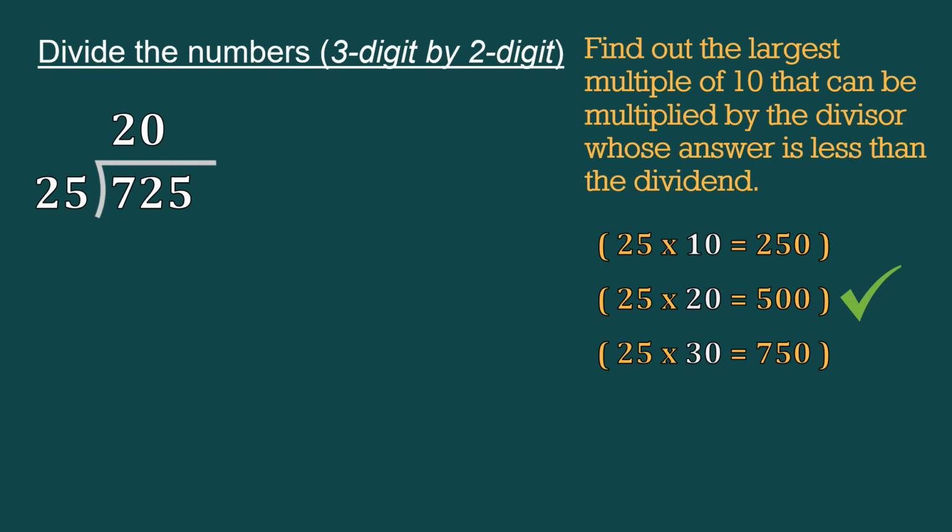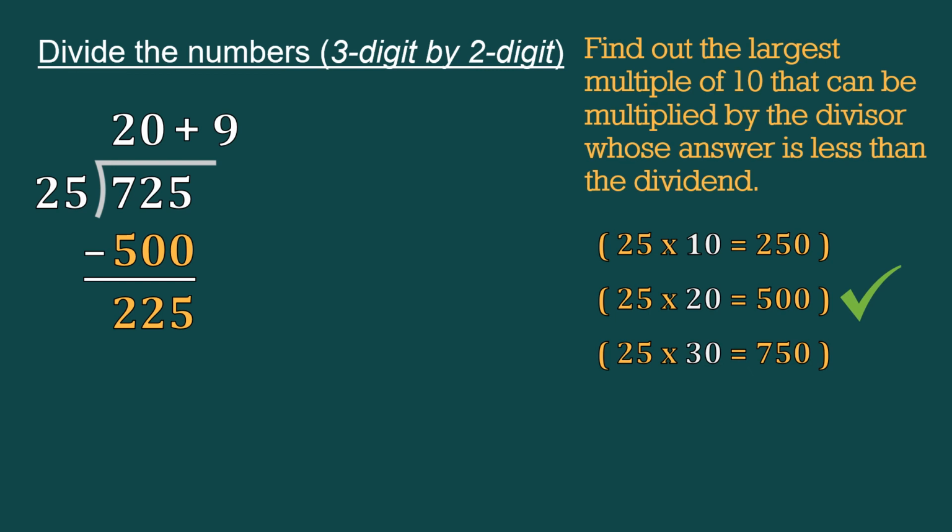We subtract 500 from 725. We get 225. We divide 225 by our divisor 25 and we get 9 as another partial quotient.